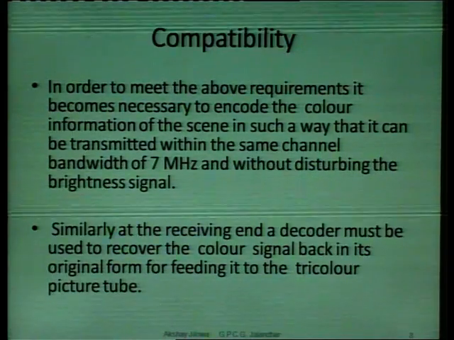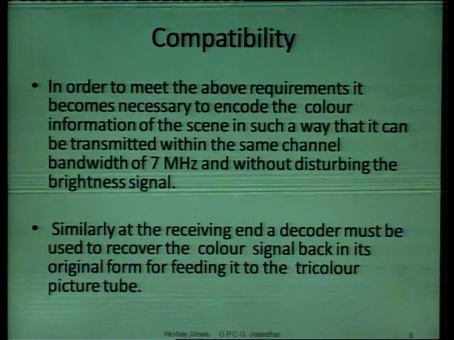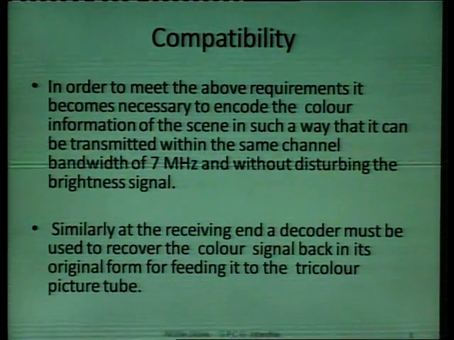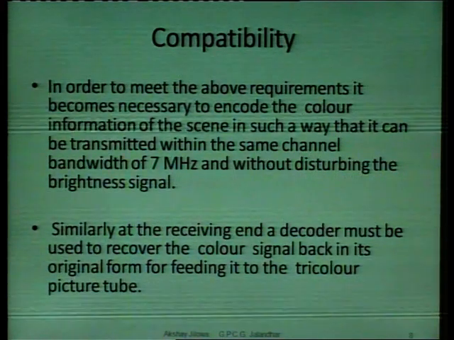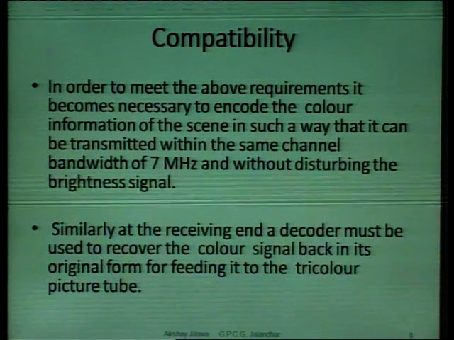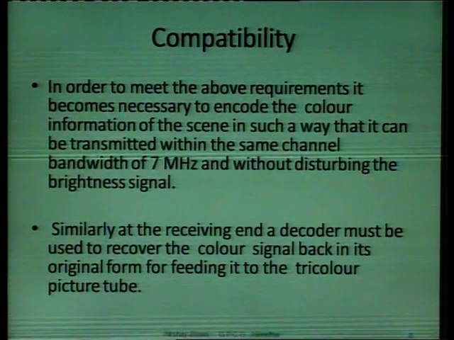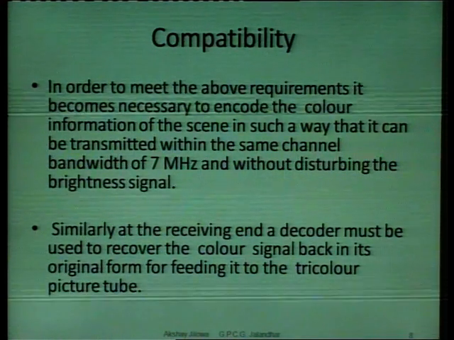Decoding means some signal is added to the already existing monochrome signal. So it should be able to decode that signal separately without affecting the other signal, and after decoding it should be able to feed that signal to the electron guns of the tricolor picture tube, which is the basic difference between monochrome and color TV.